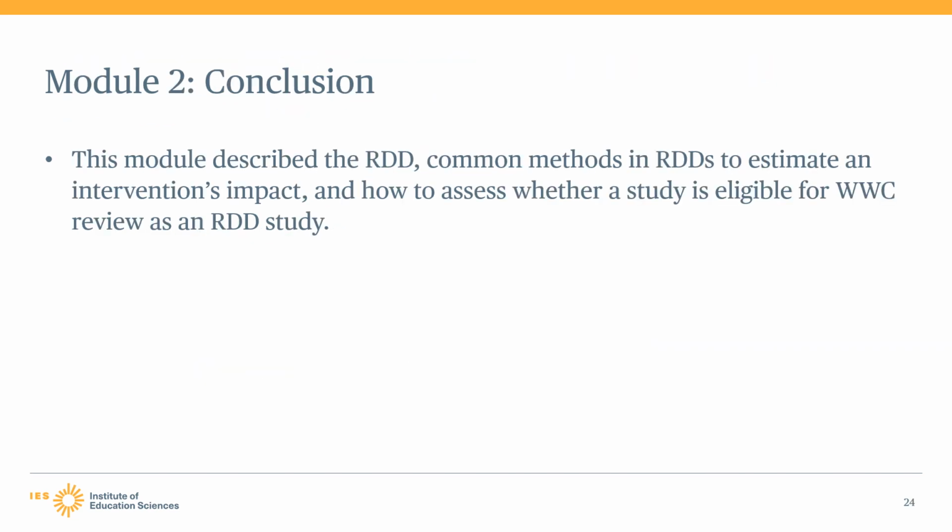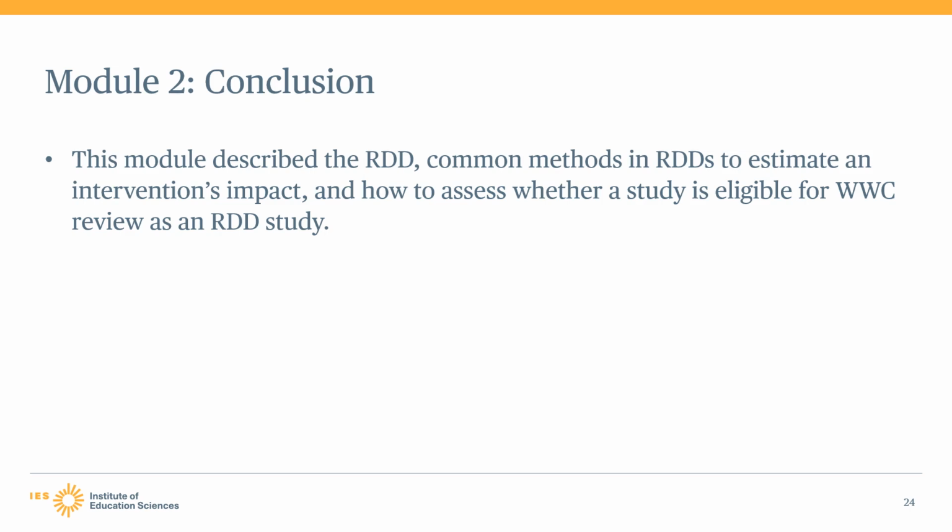This concludes our module on regression discontinuity designs. Let's review what we discussed in this module. We described the general structure and assignment mechanism in RDDs. We discussed common approaches to impact estimation in RDDs reported in the educational research literature.